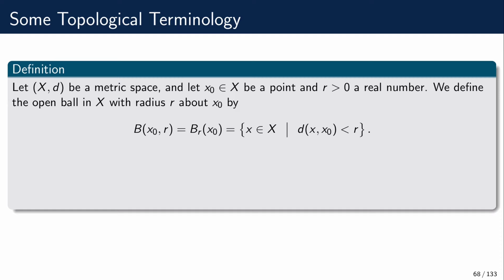Let us now make this definition. So let (X, d) be a metric space. That is a space where we can measure distances. So a natural generalization to a ball in the space would be a ball centered at the point x0 with a real number r, which we think of as the radius of the ball.